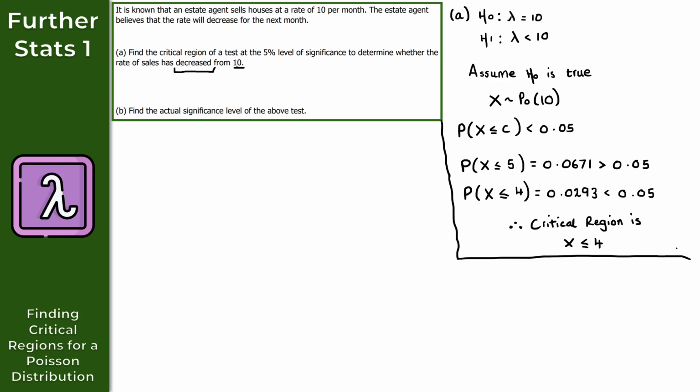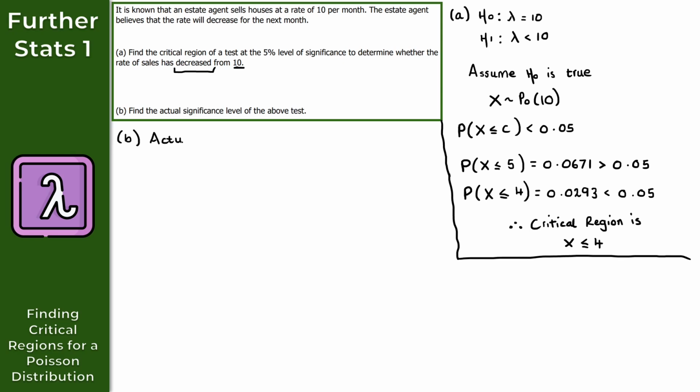Like so. Now for part B, it just asks us to find the actual significance level of the above test. So this is actually pretty straightforward because the actual significance level is just equal to this probability here. So let me just write this down.